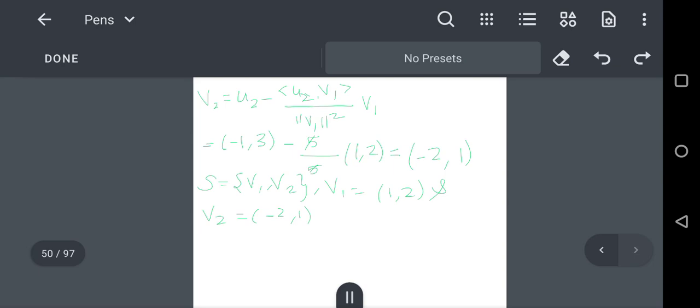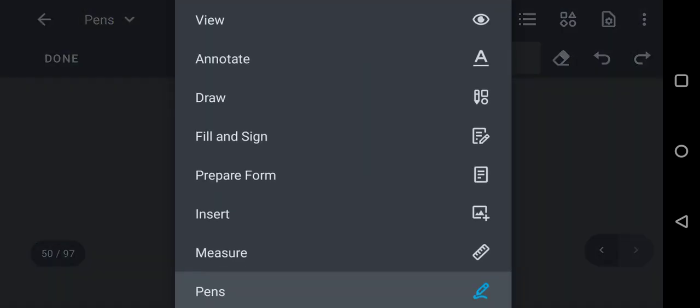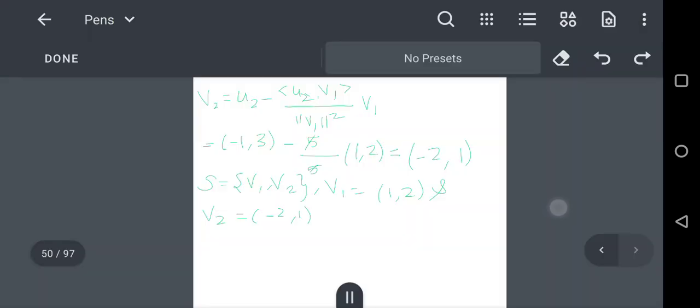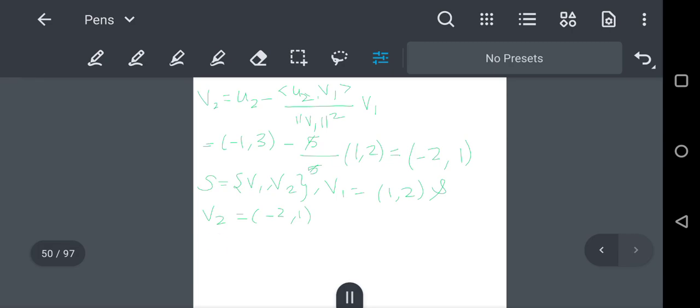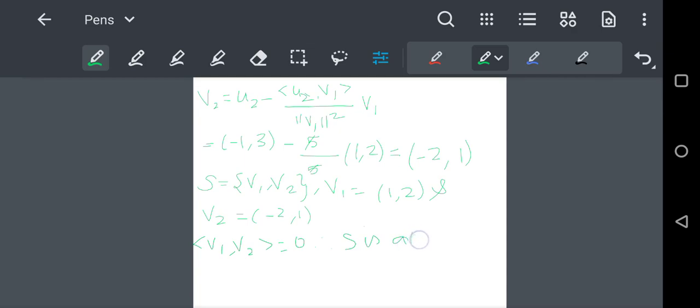So what we can tell is S will form an orthogonal set. When you take the inner product between v1 and v2, you are getting 0 as your answer. Therefore S is an orthogonal set.